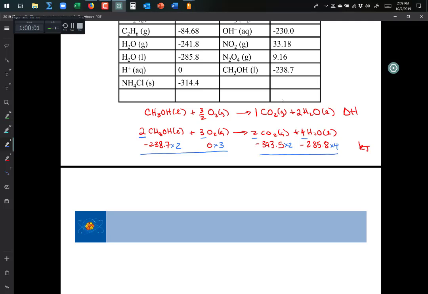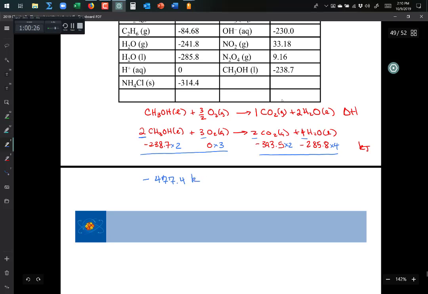So negative 238.7 times 2. That's negative 477.4 kilojoules. This one's 0, so I don't worry about that one.